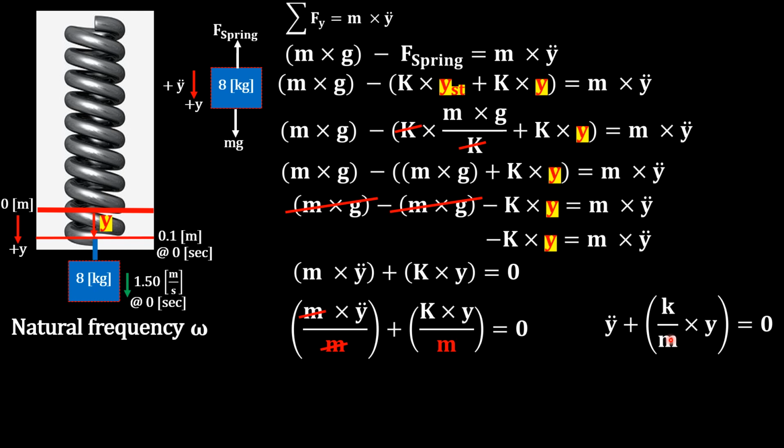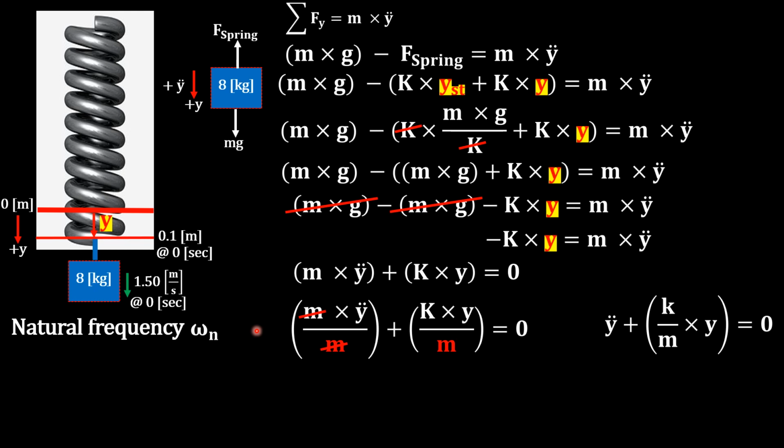And in general, natural frequency tells you how every mechanical system has its elasticity, and that elasticity can be represented as a spring, and that mechanical system is made of a certain material, so it has a certain mass.